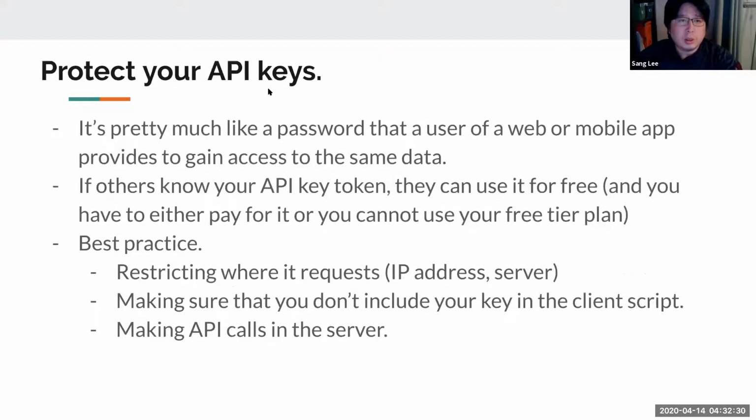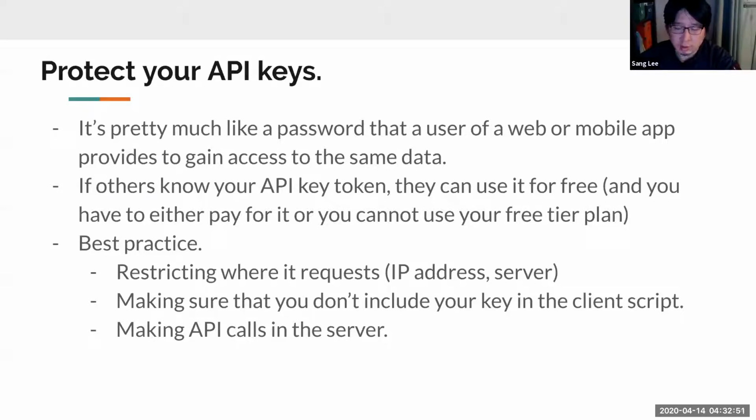So what's next? You have to protect your API keys. It's kind of like a password for your app. If other people know your API key, it means that they are able to use your API.